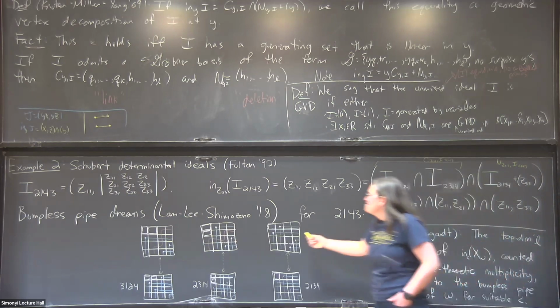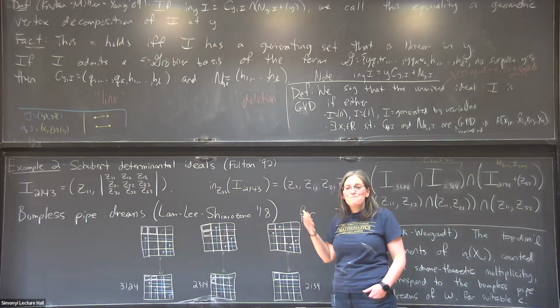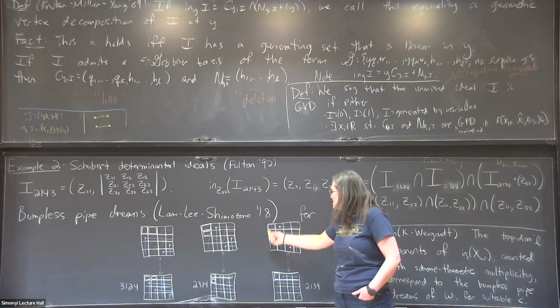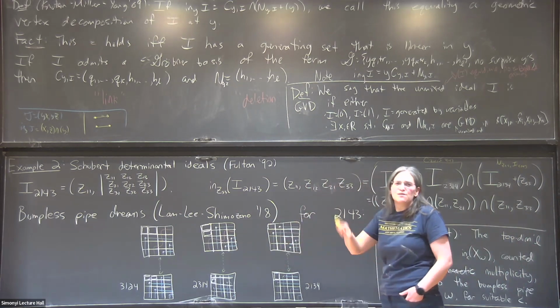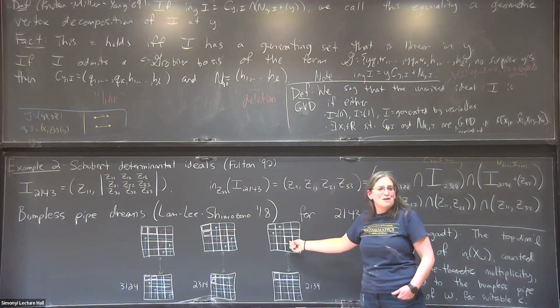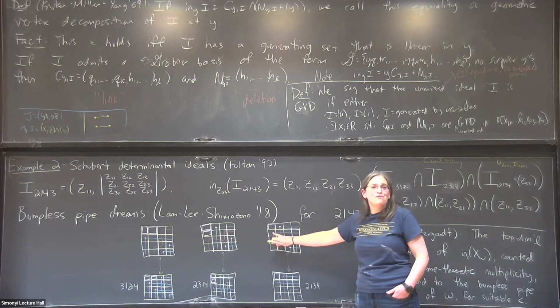We get them by looking at Lam and Shimozono's bumpless pipe dreams. So every permutation is attached to a set of bumpless pipe dreams. Those are diagrams that look like this. I won't define them, but they're tilings of a grid subject to certain rules. Starting from the row bumpless pipe dream, we can get to any of the other bumpless pipe dreams for a permutation by performing droop moves.